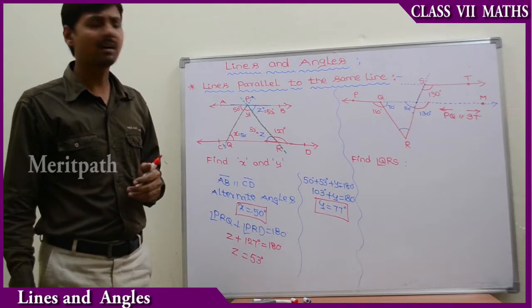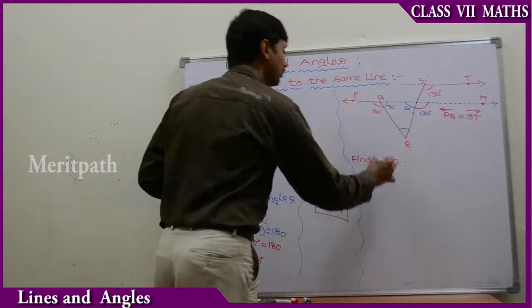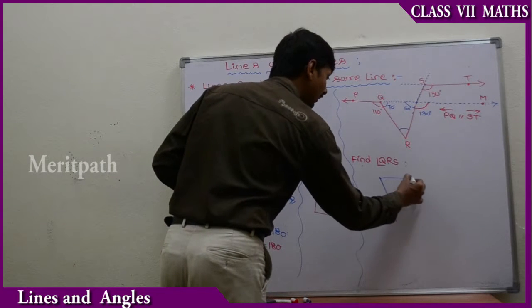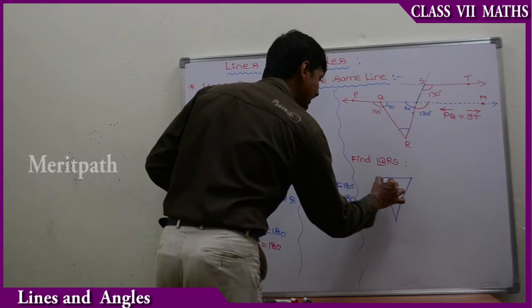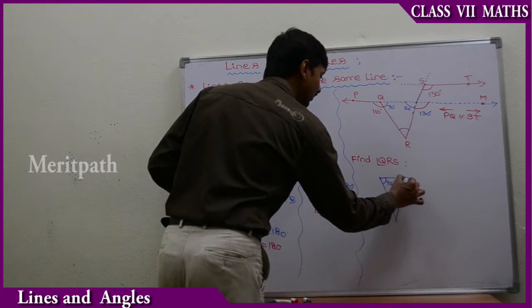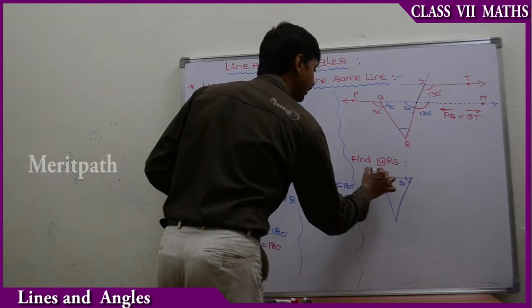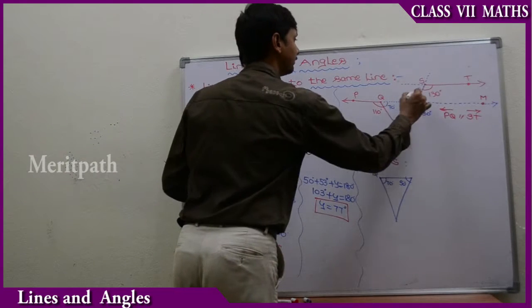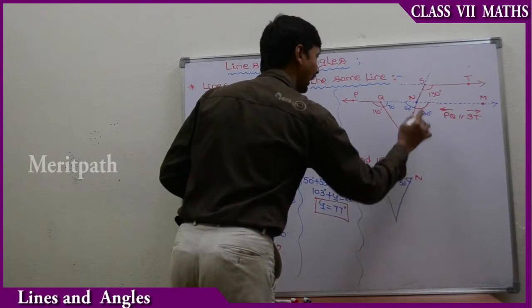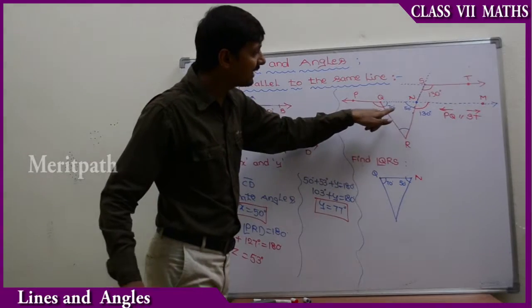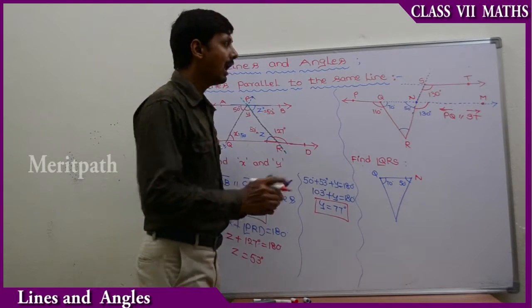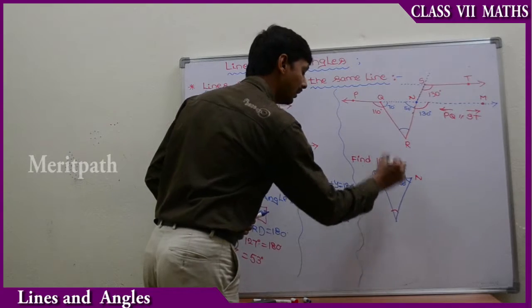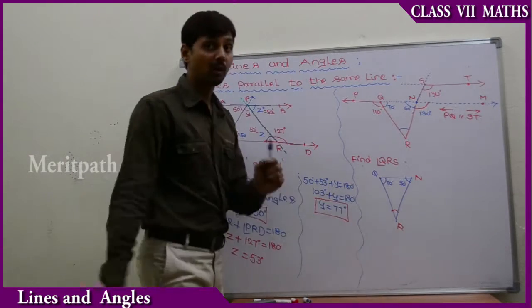In a similar manner, we use the property of a triangle, and here we got 70 degrees. If you observe, this is 50 degrees, and this is Q, for example, where we got an angle of 50 degrees, and here at Q 70 degrees, and we need to find out this angle R, angle QRS.